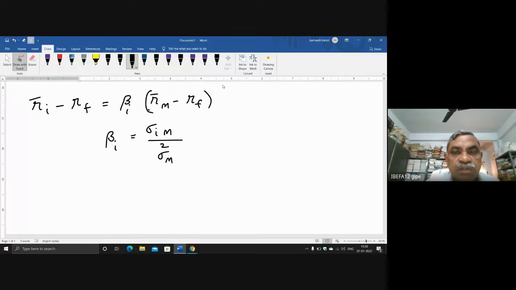Okay, so let us focus on what this is about. The CAPM formula says that the excess expected return of an asset is directly proportional to the expected excess market return.